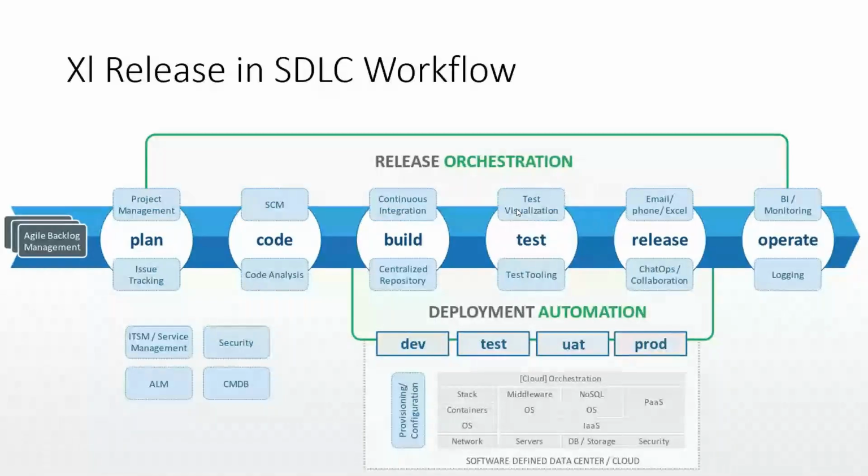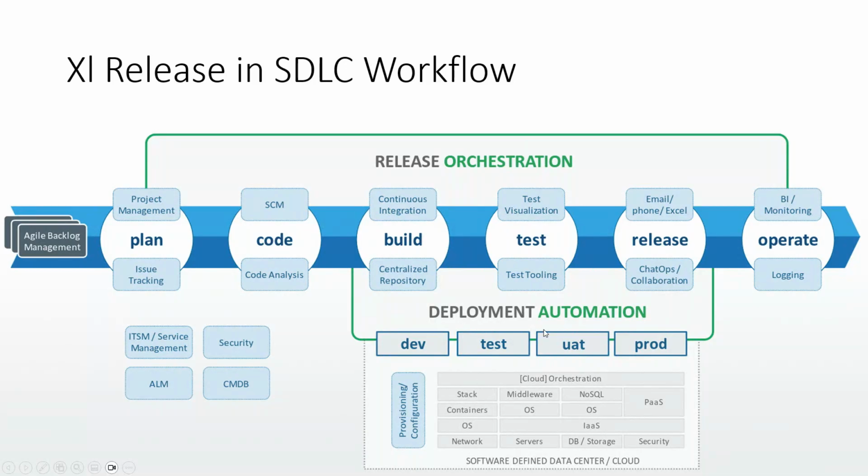Now, what can we do with the Excel release that we have discussed already? But this is the typical software development flow. I think last time also we discussed it in the notepad. So we have plan, code, build, test, release, operate.